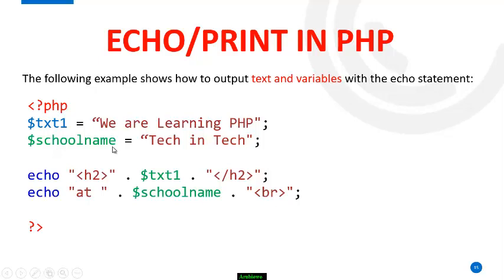We have a variable school name equals Tech in Tech in quotes. Remember we said anytime we assign a text value to a variable, it has to be in double quotes. So we have echo the text and echo. Let's try this code and see what we are going to get.